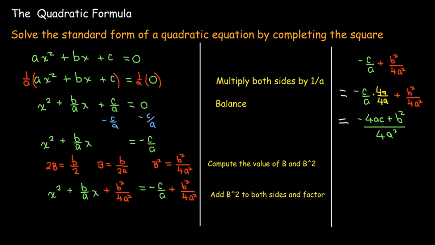And we can rewrite that as b squared minus 4ac. But I wrote 4a squared there by mistake, so let's go ahead and fix that. There we go. And I'll have to fix it on the other slides as well.